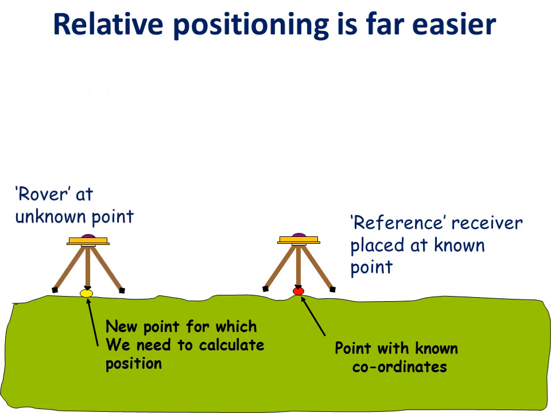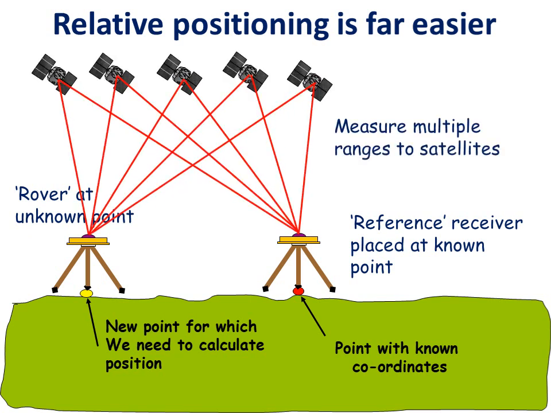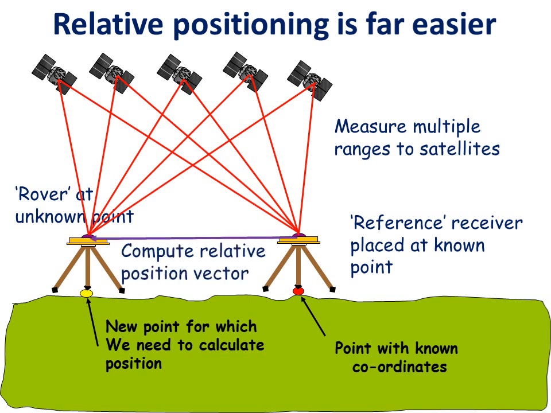At that point we keep our moving receiver, that is the rover receiver. We do the measurement using multiple ranges to different satellites, and you can calculate the relative position error, because that point is also known to you.